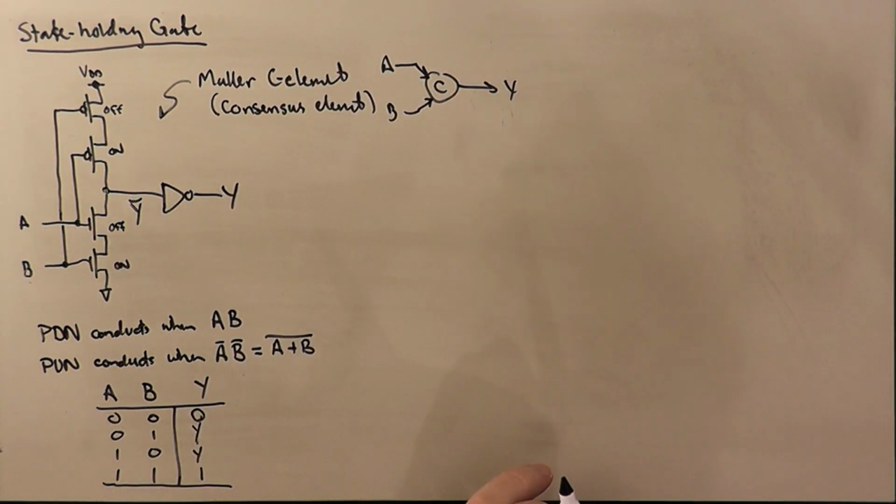And this is commonly used in asynchronous digital systems, where instead of having a clock that sequences all the various operations and data transmissions, you have an asynchronous system, which is a system without a clock.